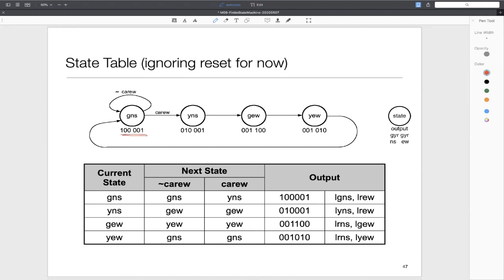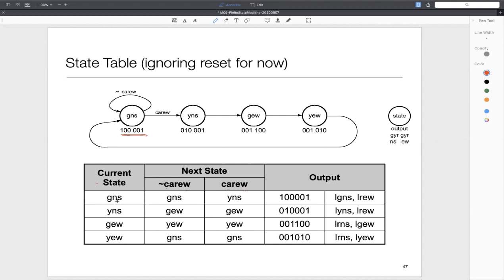So the output corresponding to the current state is just literally copied from the state machine. And then I have the next state. The next state transitions depend upon the inputs, so I have 2 cases: if the input car east-west was 0, or if it was 1.